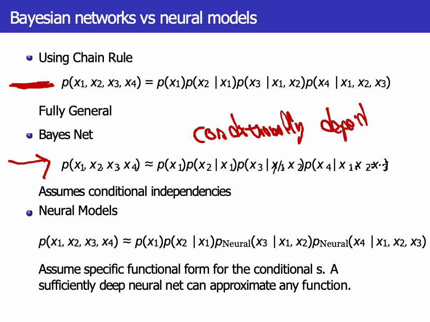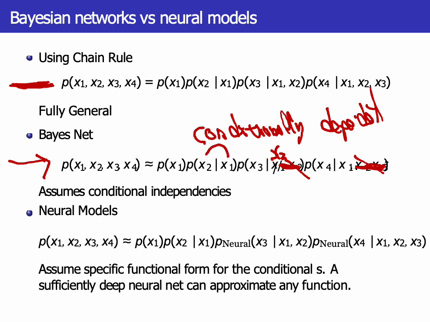It's a Markov chain: p(x1), p(x2|x1), p(x3|x2), p(x4|x3).